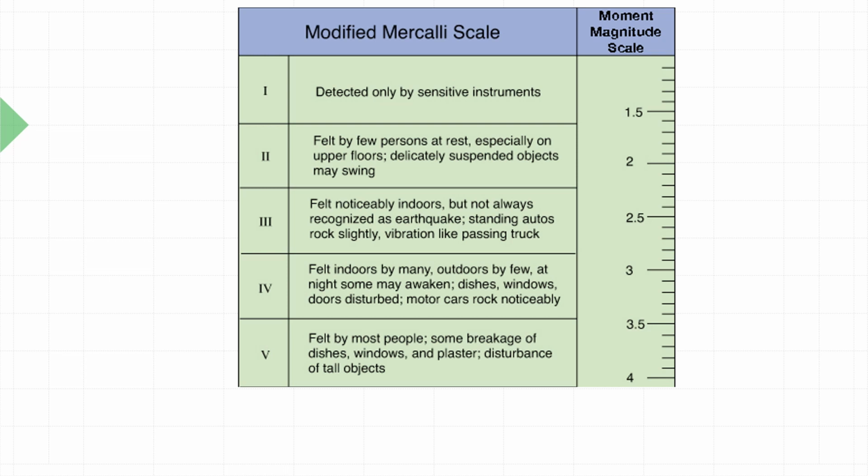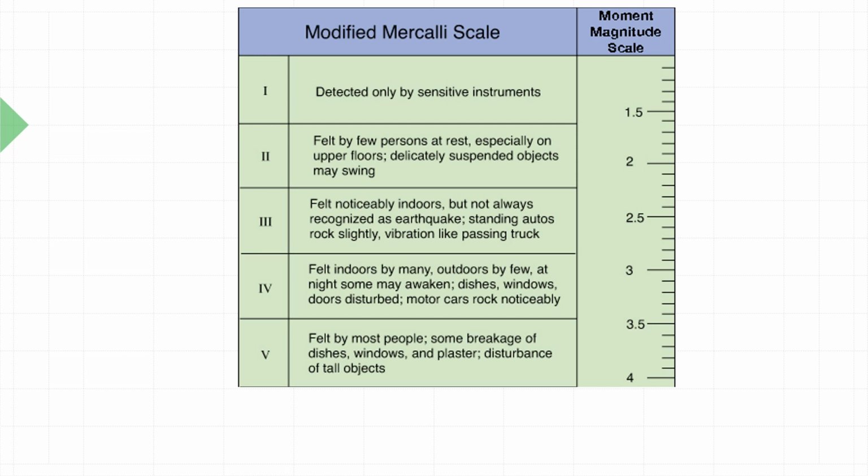On the other hand, the Mercalli scale, as I told you, is shown in the Roman numerals. So number one is only detected by sensitive instruments. These are hardly felt by humans. Two means that they are felt by few people, if they are in a swing or on upper floors, then they may feel it. Otherwise, they will not feel it. If they are on a very strong ground, they will not be able to feel it.